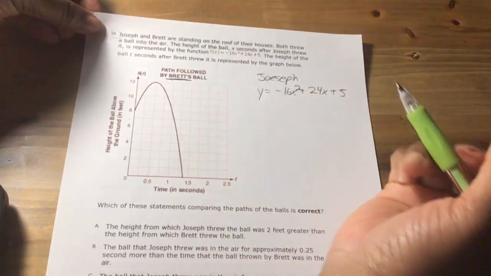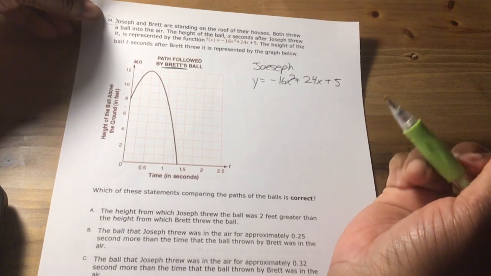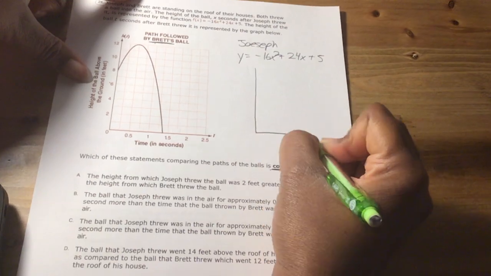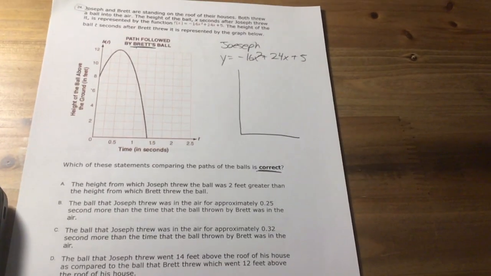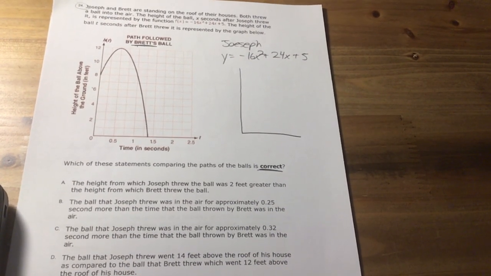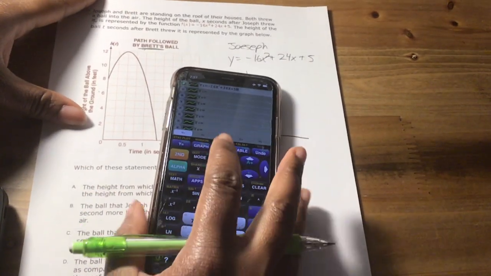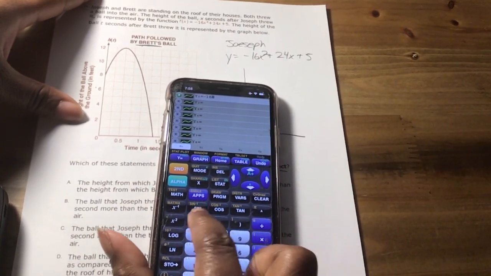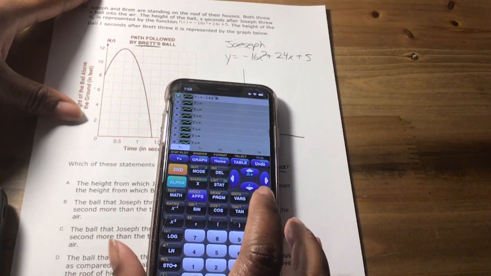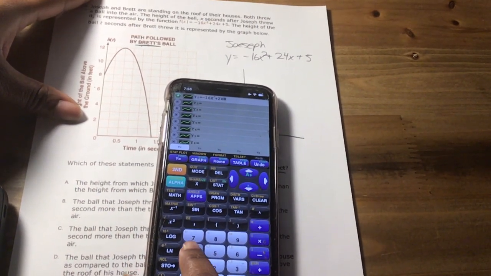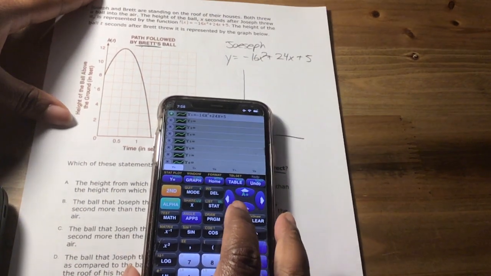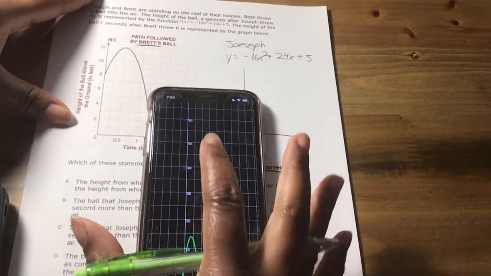So what they want you to do is to figure out which one of these is correct. So let's look at the graph for him. Go to y equals and type in negative 16x squared plus 24x plus 5, okay?